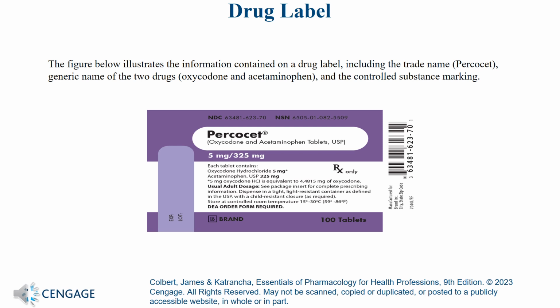To the far left, you see the amounts. Oxycodone is the 5. The 325 is the acetaminophen. And then you also see at the very bottom where it's brand. You see how many tablets it has. You see with the RX that it has to be prescription only. You also have the barcode.